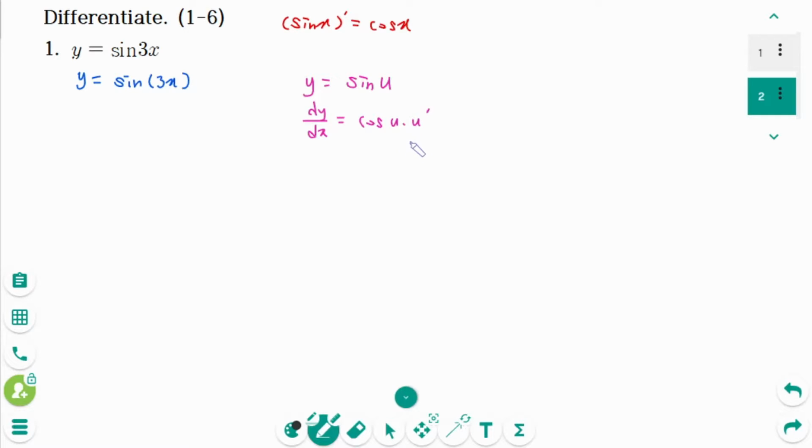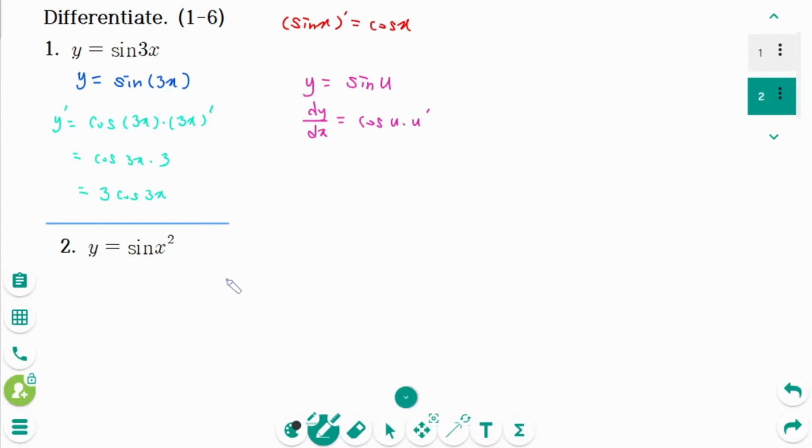Keep the inner function. So y prime equals cosine u times u prime. Keep the inner function, which is 3x. Then cosine 3x times derivative of 3x equals 3. The final answer is 3 cosine 3x.